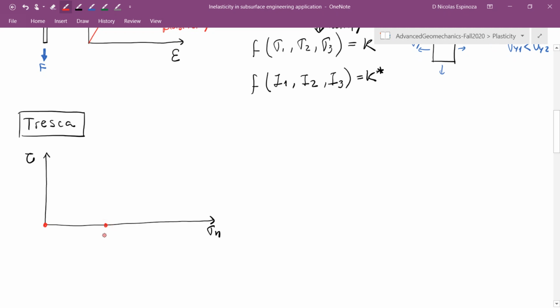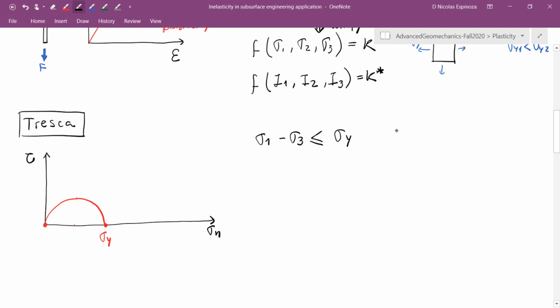Let's say it's over here. The Mohr circle for that, then, is going to be something like this. And what the Tresca criterion is going to say is that the difference between the maximum and the least principal stress has to be equal or smaller than the yield stress.